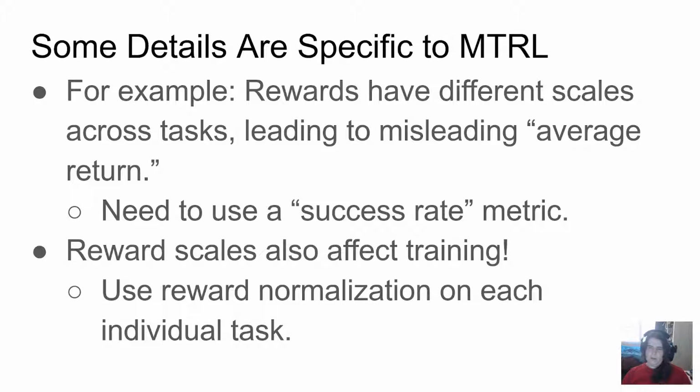One thing that's specific to multitask and meta-RL is that in order to judge the performance of an algorithm across a set of tasks, instead of just adding the rewards of all the tasks together, which might give a misleading picture if some of the tasks have much higher reward scales, or simply doesn't describe very well whether or not you've succeeded across all tasks or a small set of them, we can use a binary success metric that says whether or not you've succeeded in a run or failed. And it turns out this reward scaling difficulty also matters a lot during training.